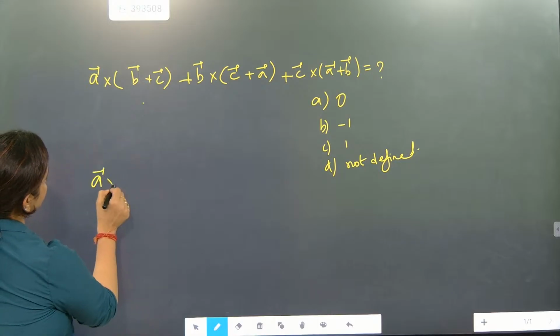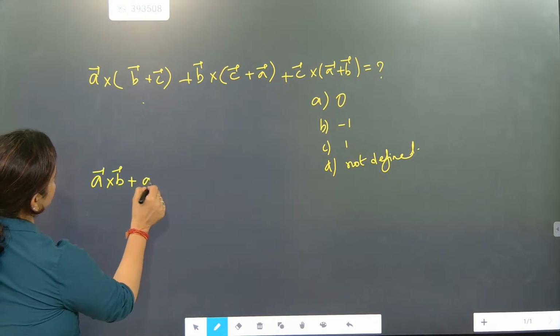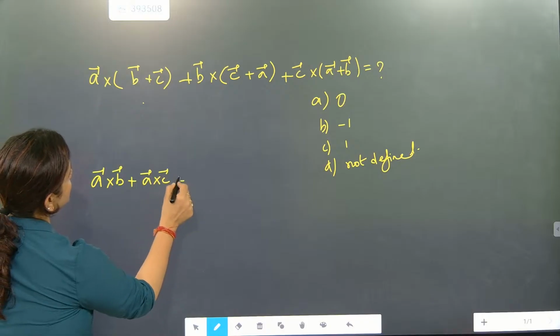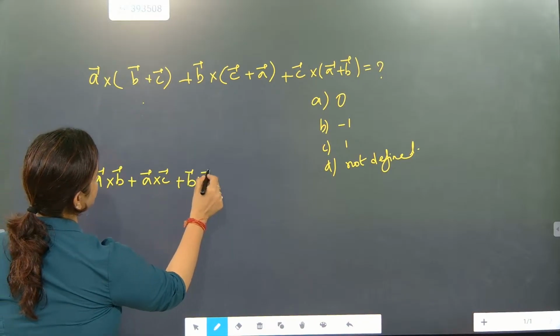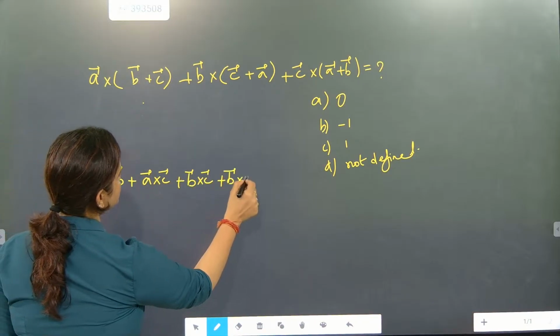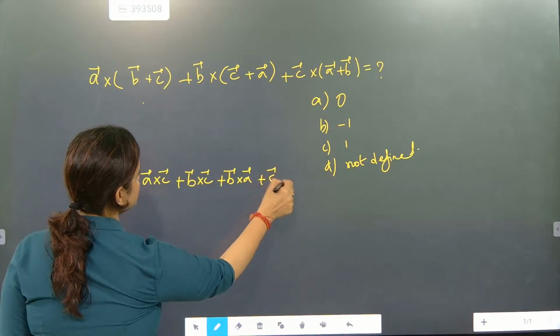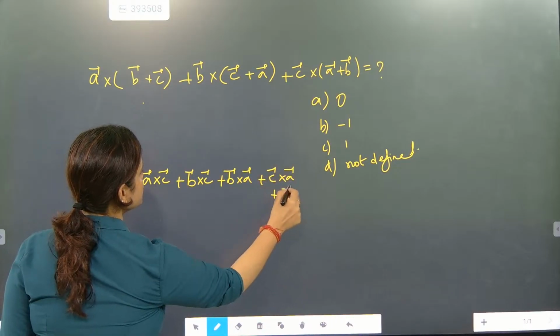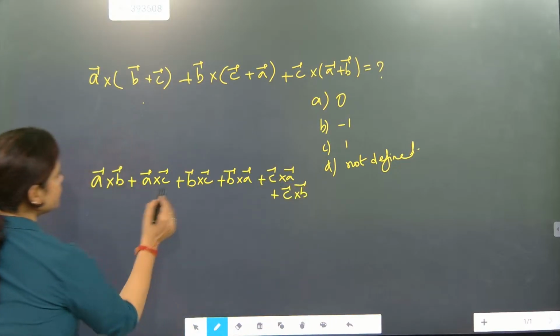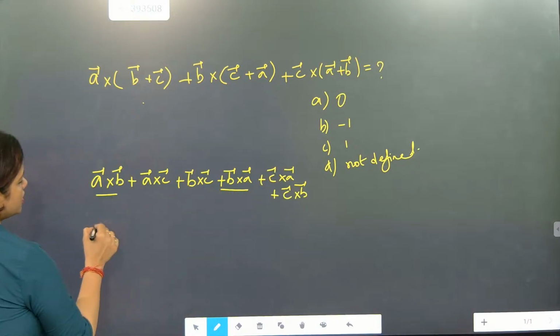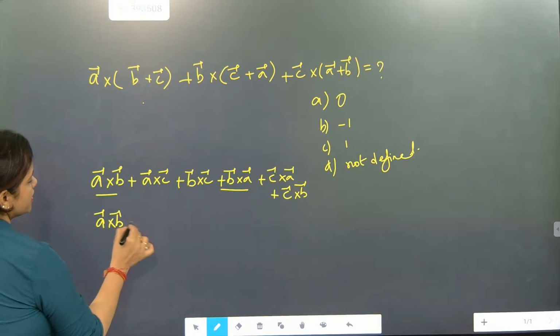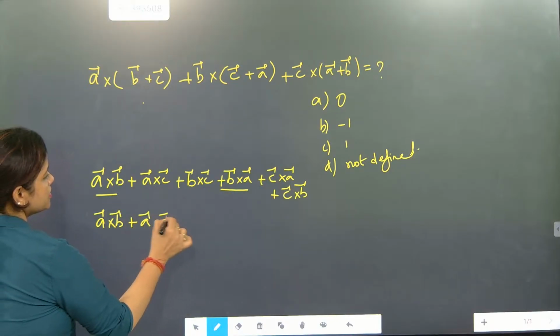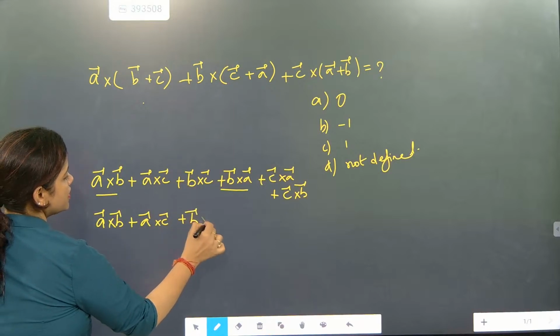So now look here, beta. A cross B vector plus A cross C vector plus B cross C vector plus B cross A vector plus C cross A vector plus C cross B vector. So A vector cross B vector plus A vector cross C vector, this is B vector cross C vector.